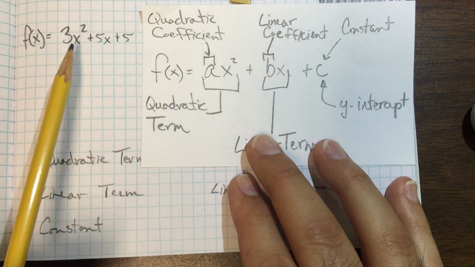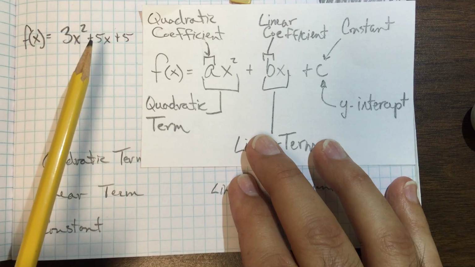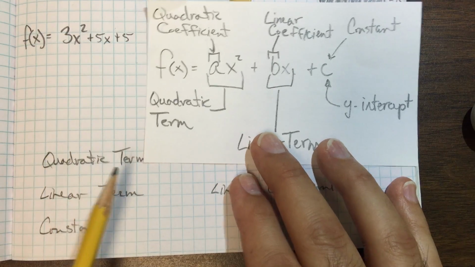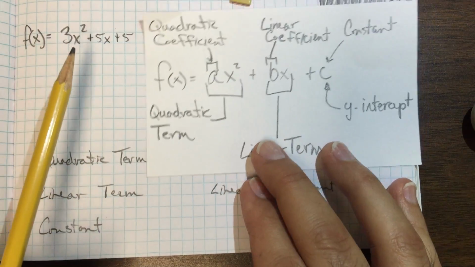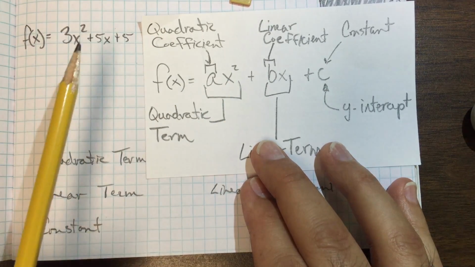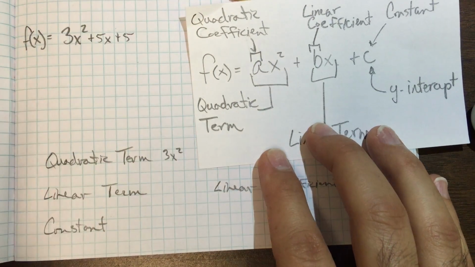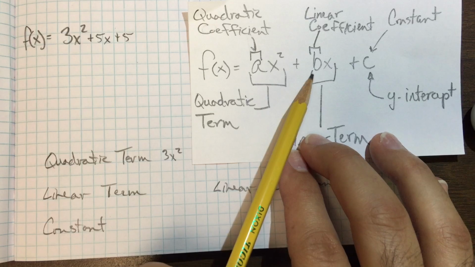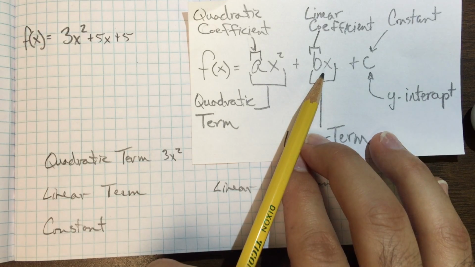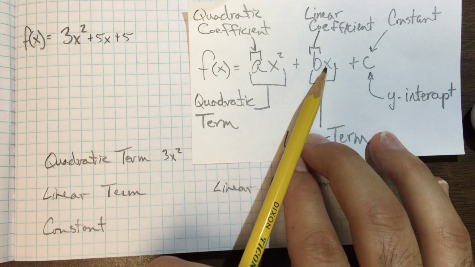So we had x squared, which is a term that's separated by an equal sign and a positive sign. So this is the quadratic term. The quadratic term is the one that has the x squared. So I'm simply going to write 3x squared. Now, the linear term would be very similar to our m times x in slope-intercept form, y equals mx plus b.